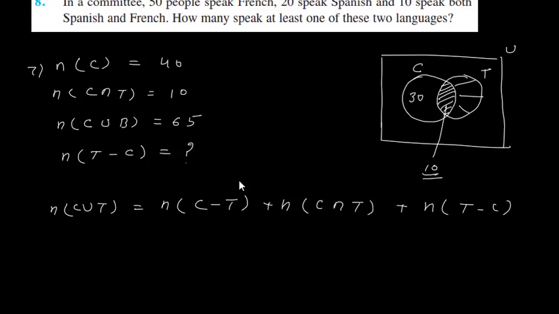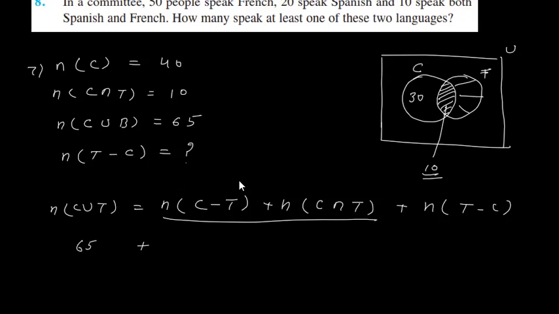From this Venn diagram we can see that this union is this part plus this part plus this part. Now C union T is given as 65, which is n of C minus T plus n of C intersection T plus n of T minus C. This much, n of C minus T plus n of C intersection T, is your n of C, which is 40.